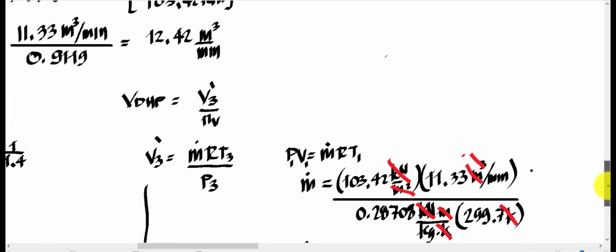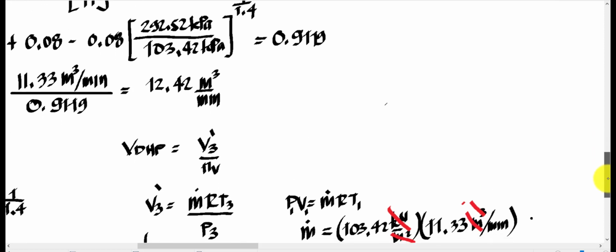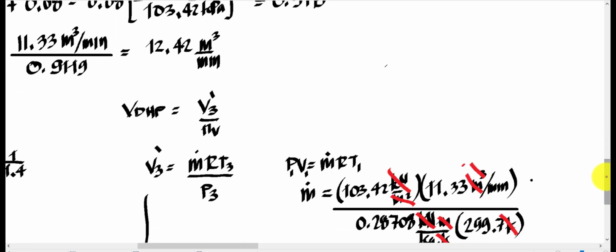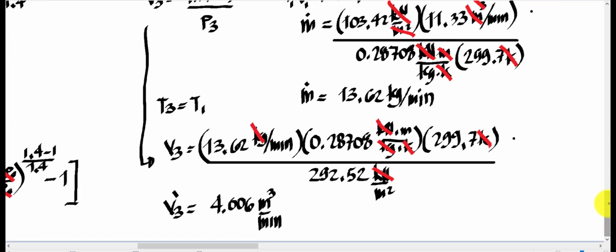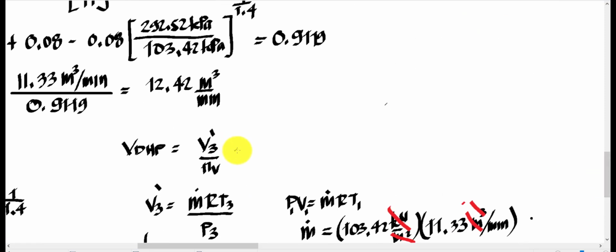So for the volume at, let's call this T3, so for the volume displaced, we can now solve our V3, which is 4.006, so that will be cubic meter per minute.